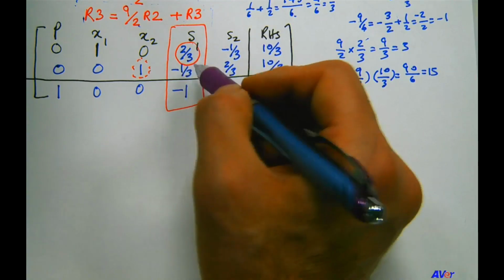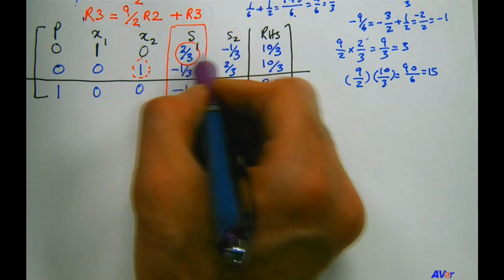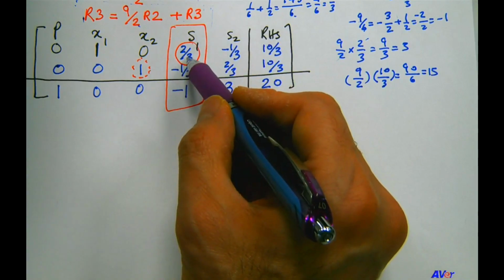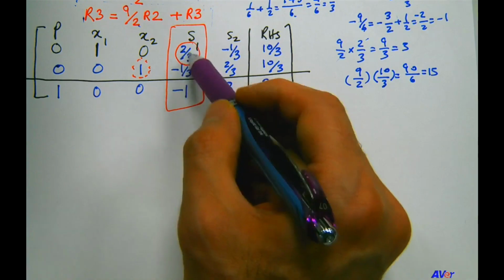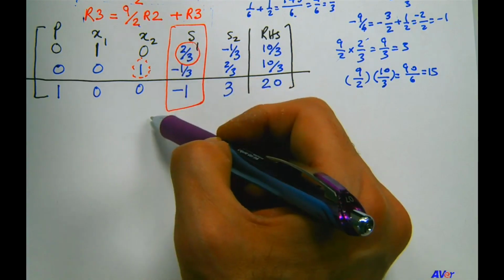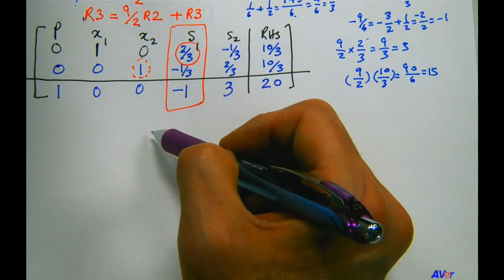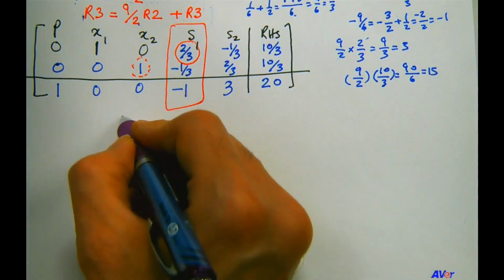So which means we're going to need to convert this 2/3 to 1. Right? So what row operation would give us that? Before you watch the next few seconds, pause the video, write down your own row operation for converting this 2/3 to 1, and then unpause the video. Okay, so I'm assuming you've done that.